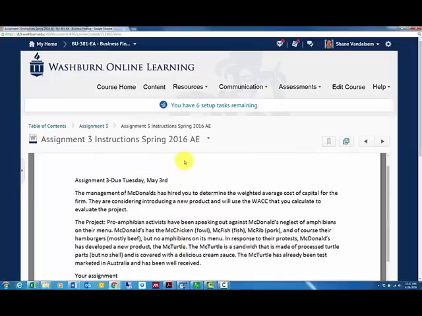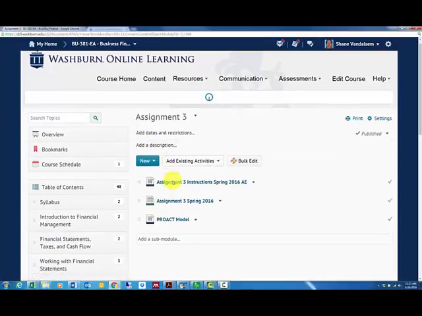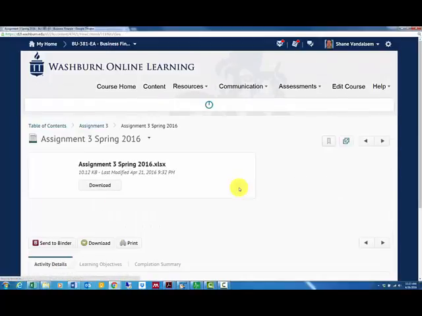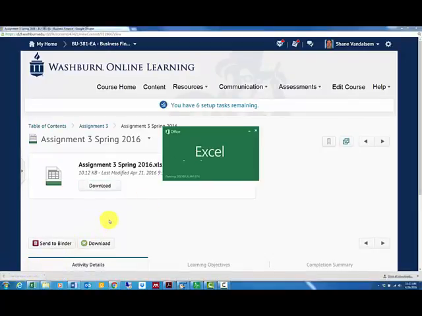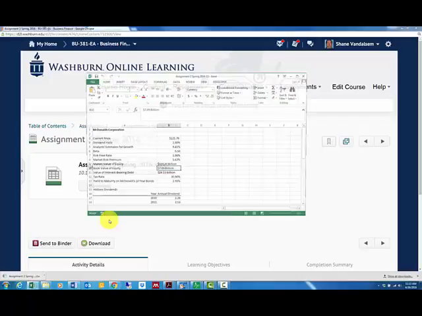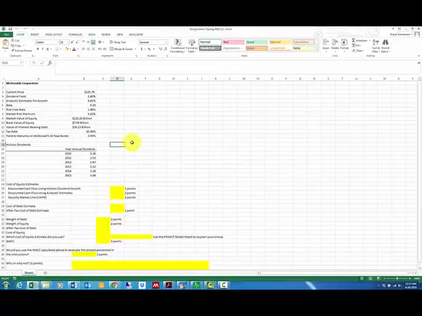I'm going to go back now to the other items I had on here for your assignment 3. So here's the spreadsheet. And I give you all of the information that we have in class for the other 2 examples we're looking at.